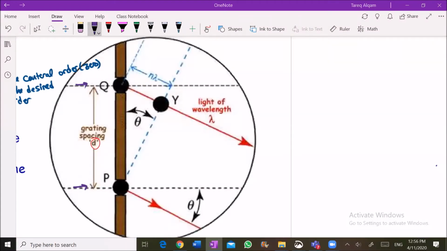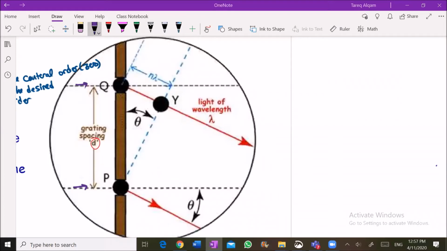So constructive interference takes place from the light that is diffracted from adjacent slits. If the light is outgoing from two different slits that are not adjacent, they will meet destructively.